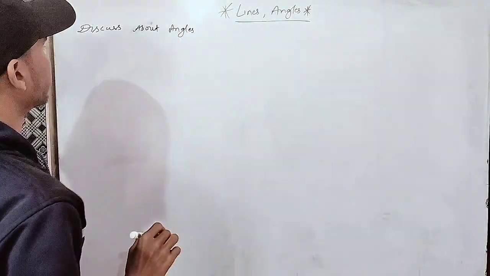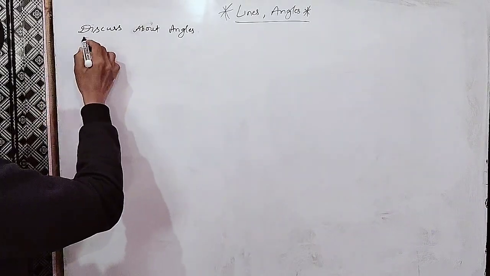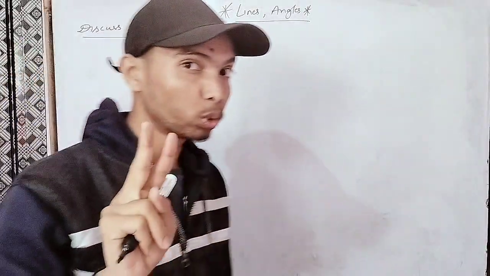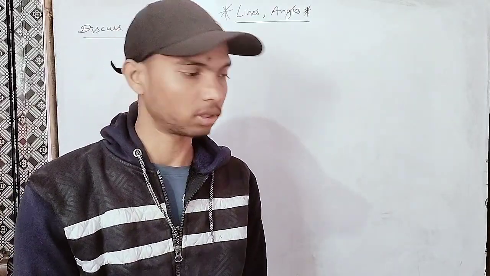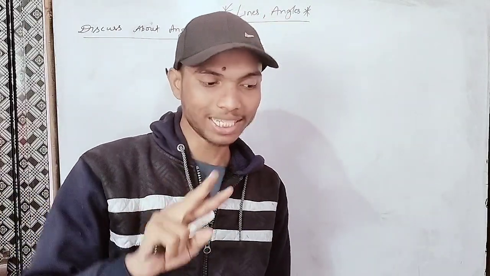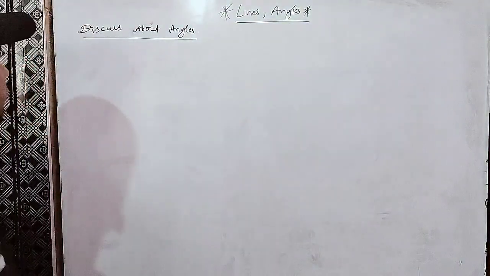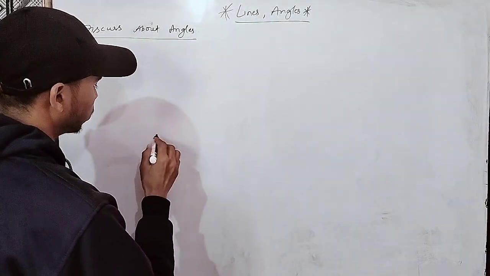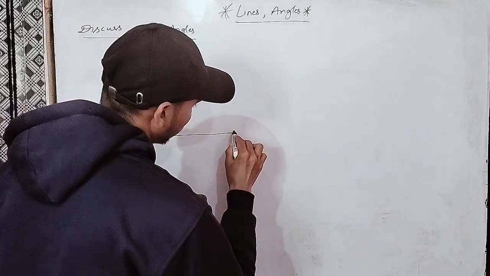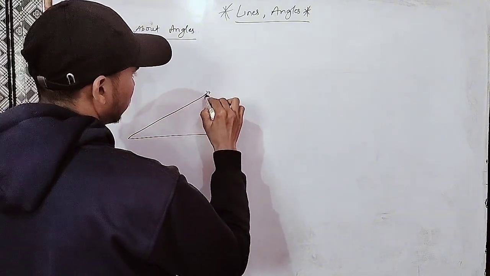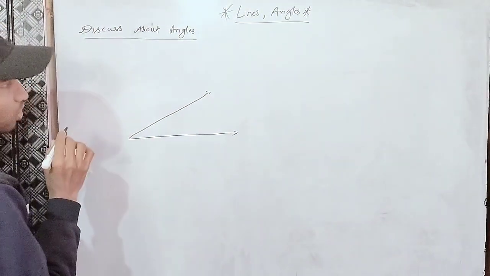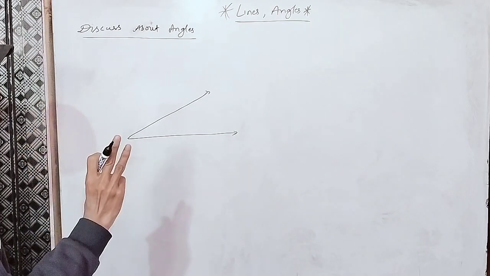Angle. So here, try to understand carefully. We should have two rays. How many? We should have two lines. It is very compulsory that we should have two lines to see angles. Okay. So I am going to draw a figure which will indicate angles. We have two lines.